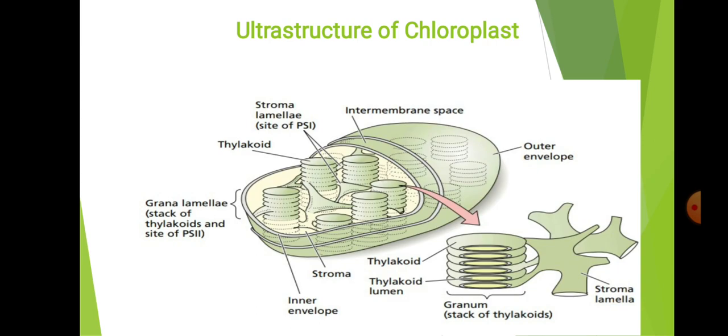Chloroplast has an intermembranous space because it is a bilayer membrane cell organelle, with the outer envelope and the inner membrane, and the area between outer and inner membrane is called intermembranous space.